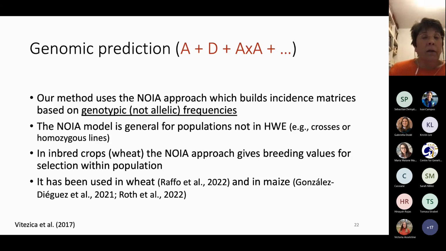The model is general for any population, and we don't need Hardy-Weinberg equilibrium. So it's possible to use it in crosses or in homozygous lines. For instance, if you use it in inbred crops like wheat, the NOIA approach gives breeding values for selection within the population. It was recently used in wheat by Raffo et al., and also in maize by these authors.